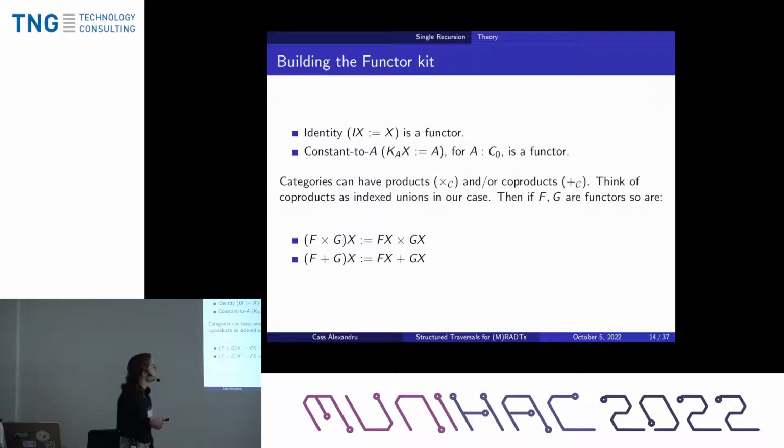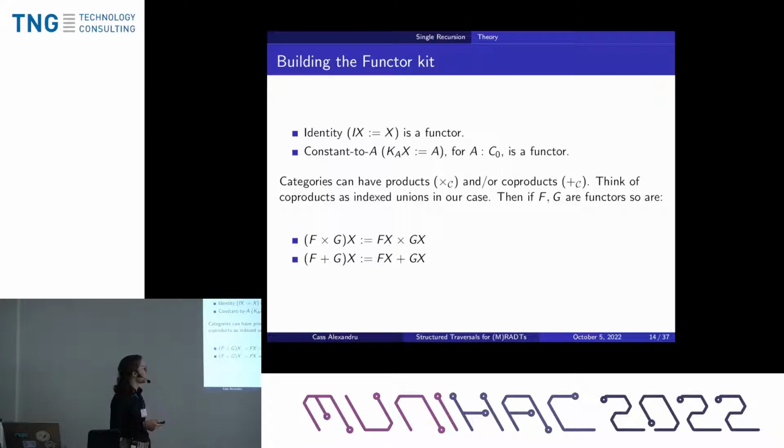And categories can have products and or co-products. Products you know as product types, like tuples. Co-products are like disjoint unions where the elements are identified by a tag. You can think of Either in Haskell as an example of a co-product.